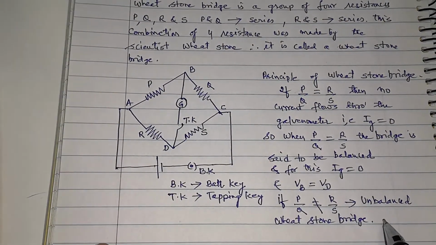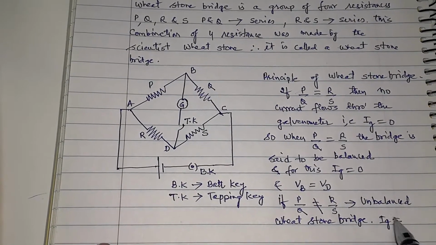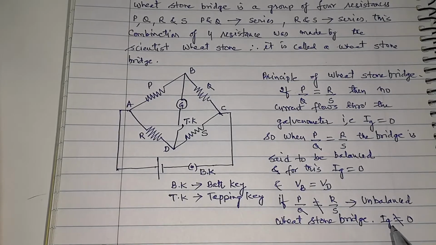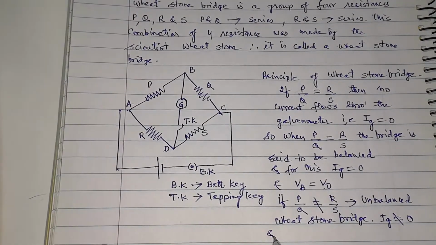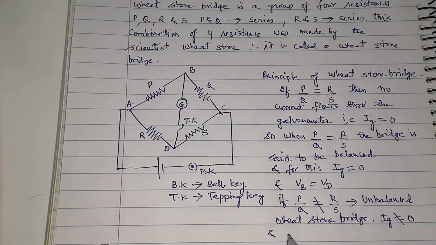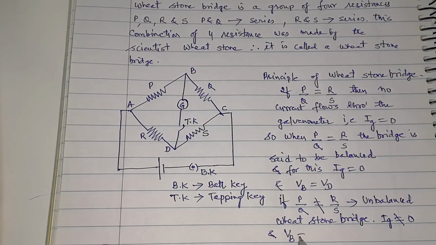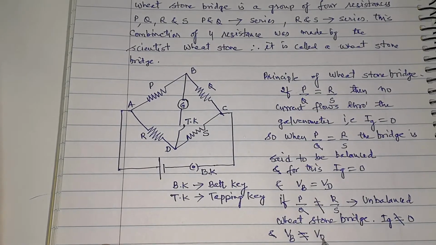And for the unbalanced Wheatstone bridge, Ig is not equal to 0. It means certain amount of current will flow through the galvanometer, and we find that the potential of the point B, that is VB, is not equal to the potential of the point D.